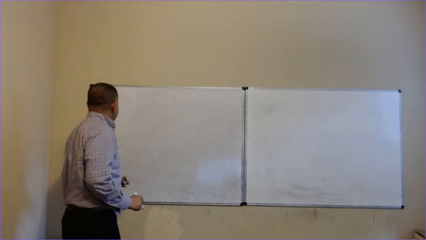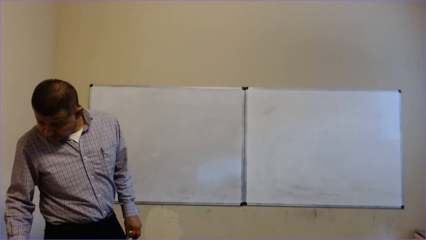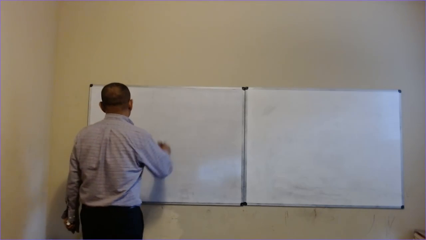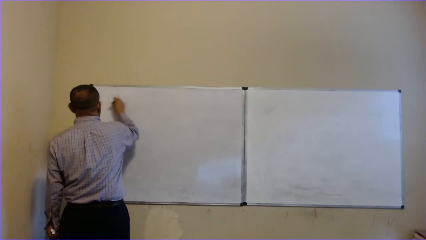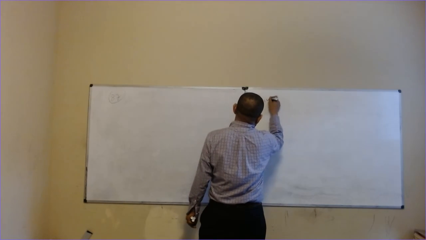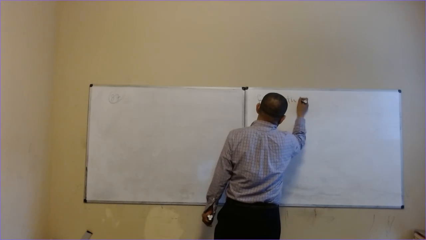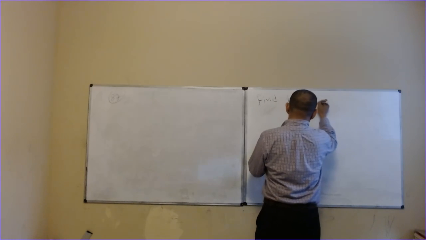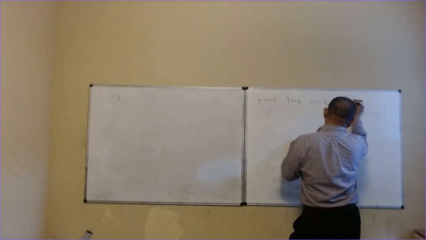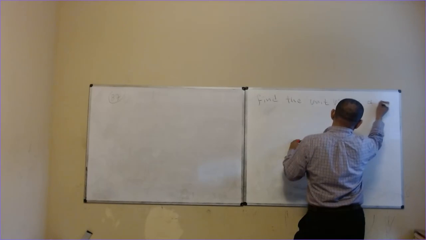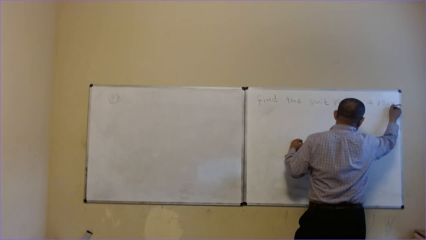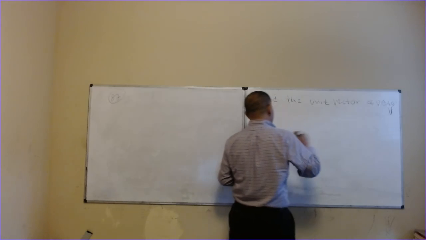Okay, so 87, I have a 3 still. 87, the same thing, right? It says find the unit vector of vector v, and do the opposite, right?